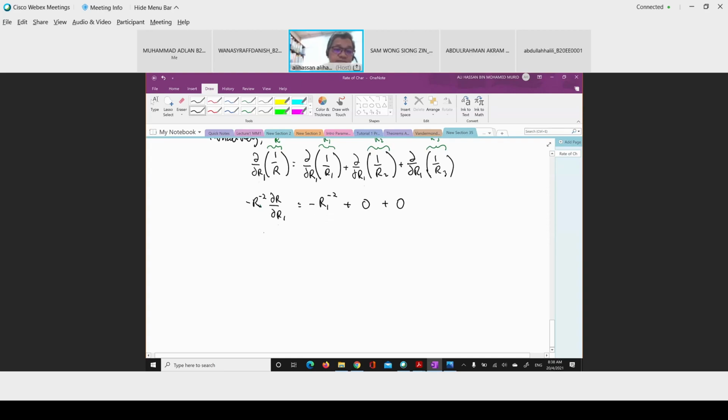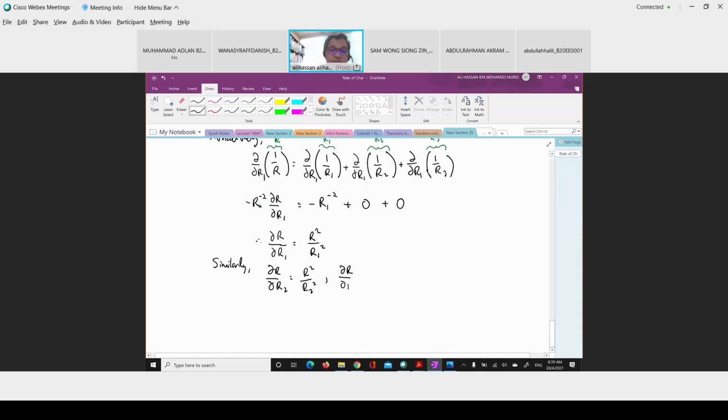So therefore, we have partial R partial R1 equal to, what is it? 1 over R squared. The minus signs cancel out. So this is R squared over R1 squared. Similarly, we also get partial R partial R2 is equal to R squared over R2 squared.